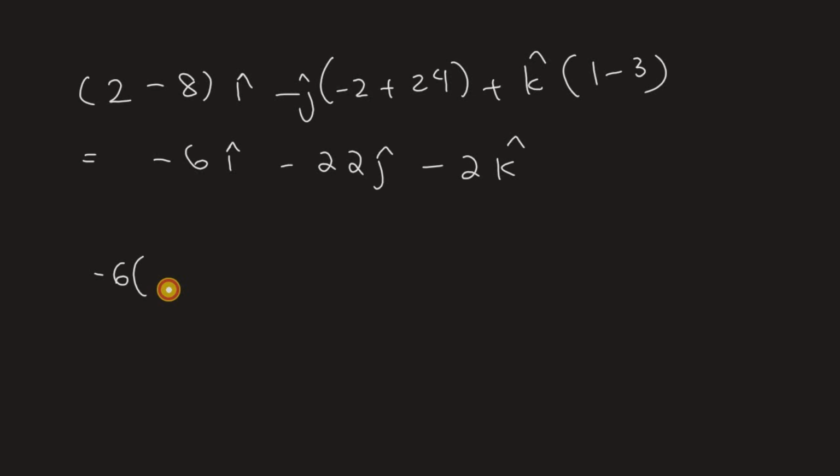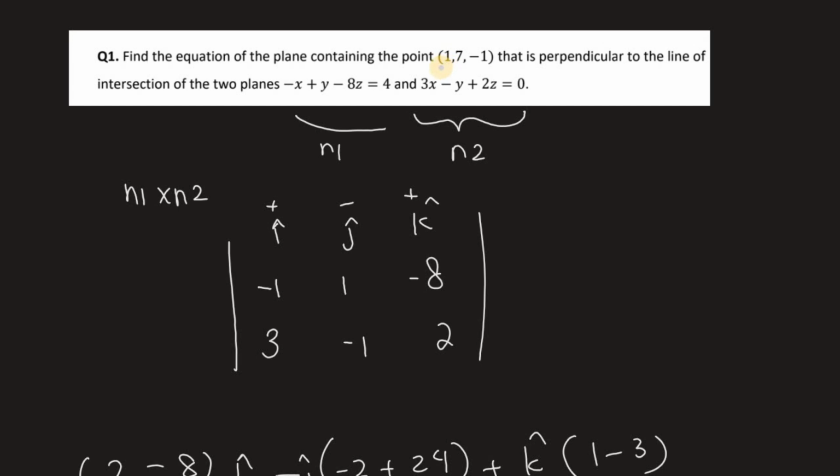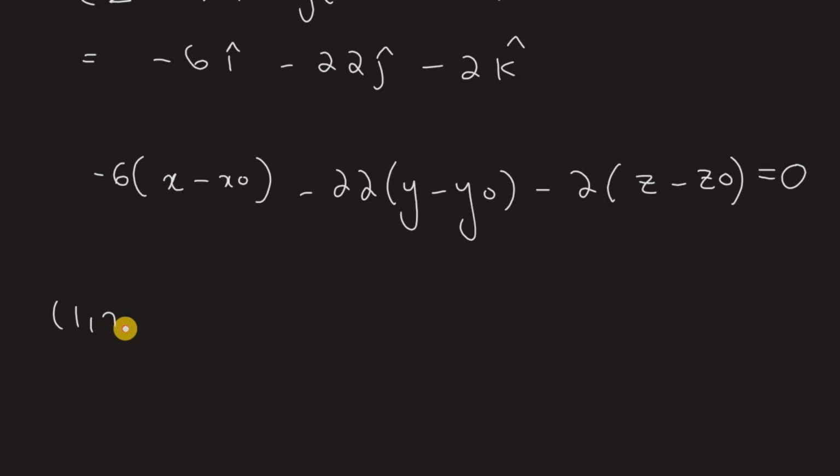So the equation of the plane is something like x minus x0, and here comes the components of the vector that you have, and then you do the same thing for y minus y0, and -2 z minus z0 equals 0. And this x0, y0, and z0 is simply the point that is already given to us in the question. So 1, 7, -1. So our point is 1, 7, -1.